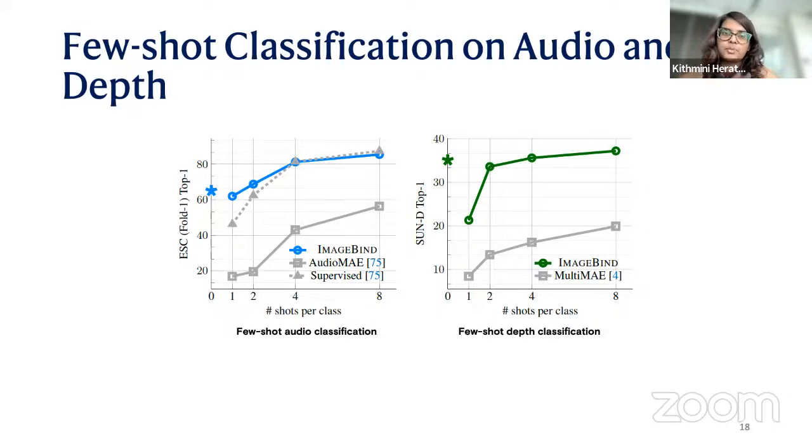So what this experiment shows is that their encoders, even though they are used to align with image features, produce features that can generalize to other classification tasks specific to that data modality.